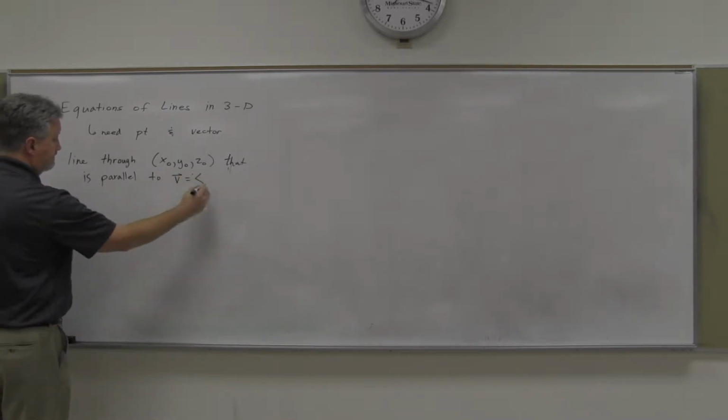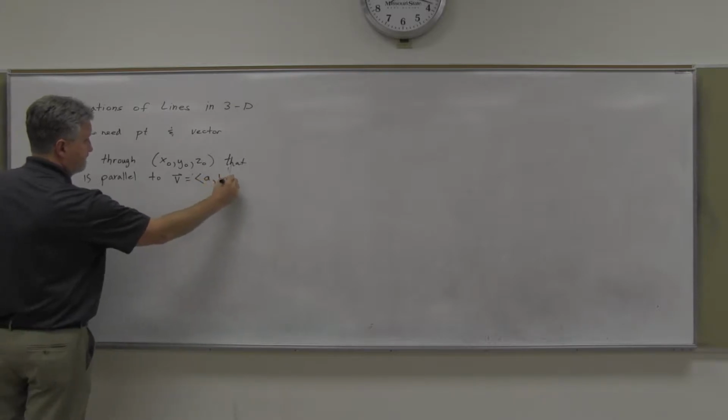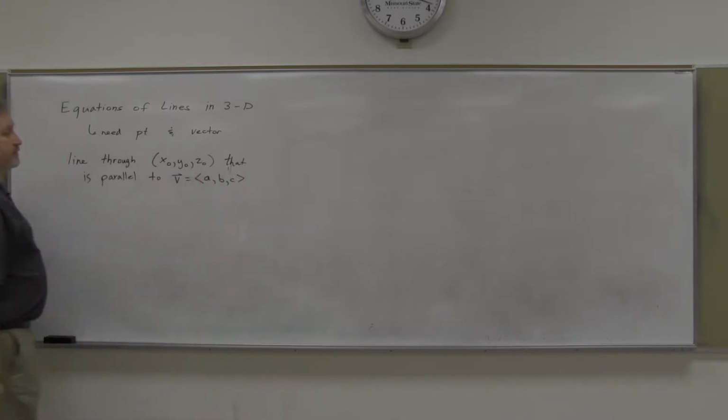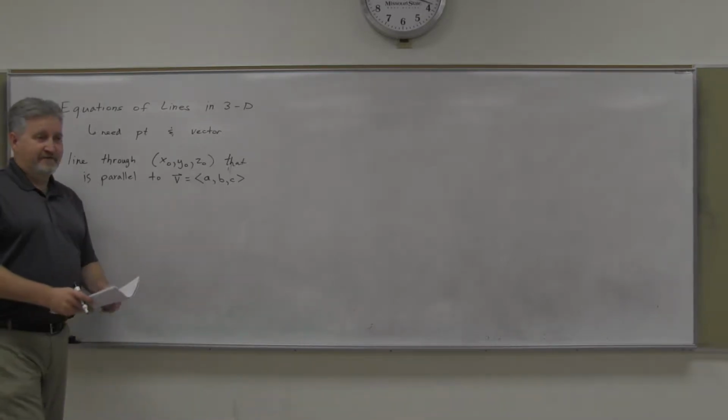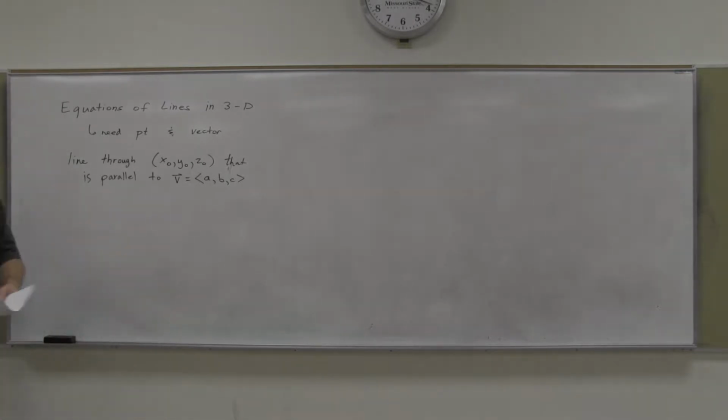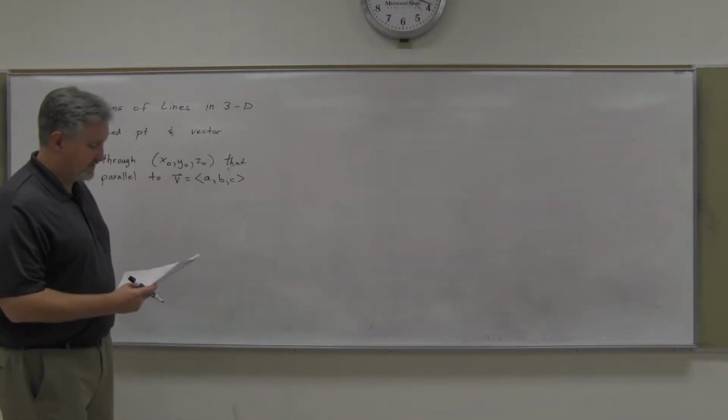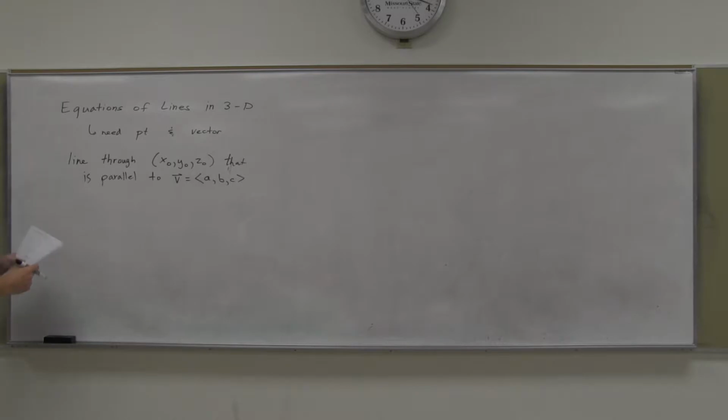We'll call it vector ABC, or Ai plus Bj plus Ck, whichever form you would like, but we'll go with it in this case.